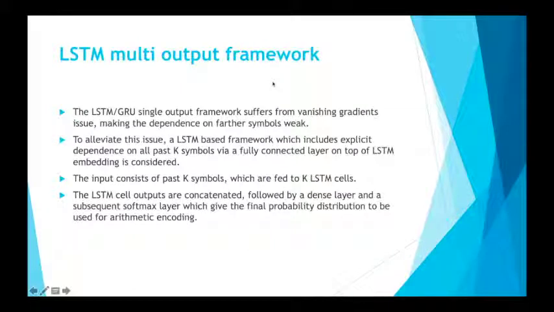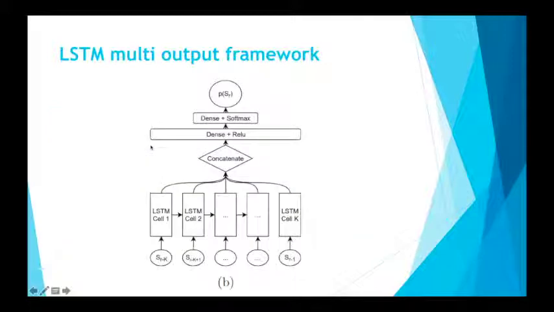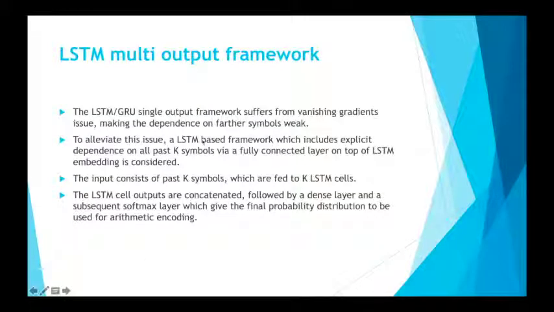And the next is the multiple output framework. One problem is that the LSTM or GRU single output framework suffers from the vanishing gradient issue, which makes the dependence on further symbols weak. To alleviate this issue, an LSTM-based framework which includes explicit dependence on the past K symbols, where fully connected layers on top of the LSTM embedding are considered.